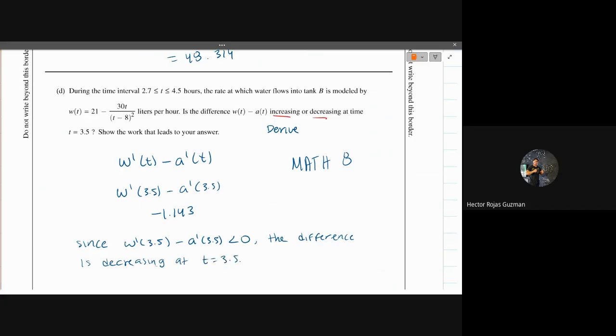And I'm going to give you one more suggestion. Even though I got an actual answer for my difference, notice how I'm just saying the difference is less than 0, because that can get us a point. Even if this is wrong, we can still get a point for the interpretation. Because I'm saying I have a negative number for my rate, that tells me the difference is decreasing.